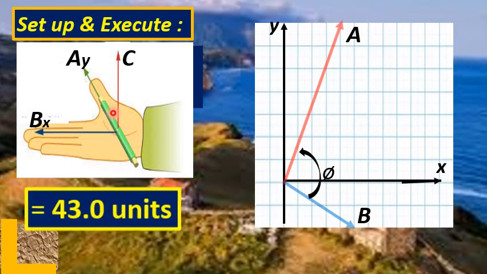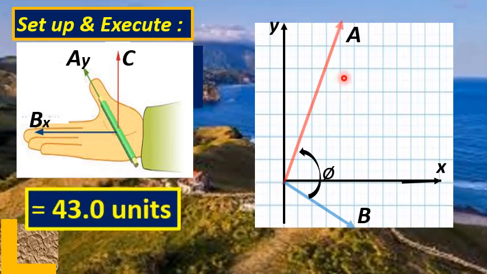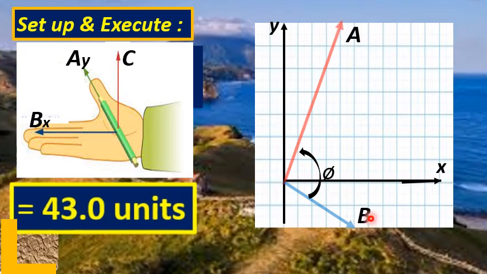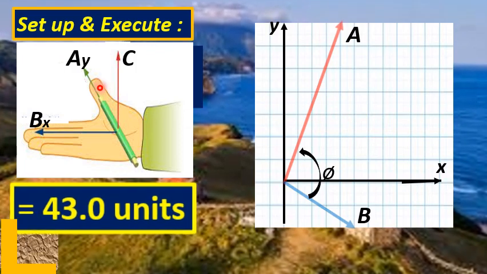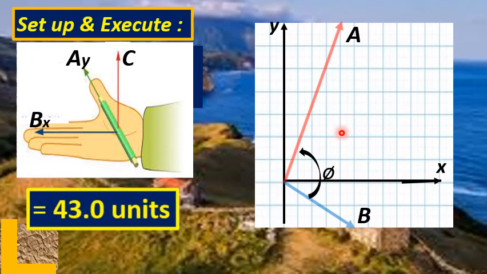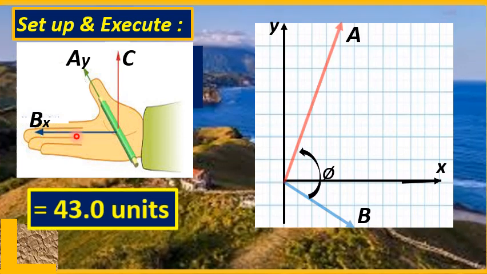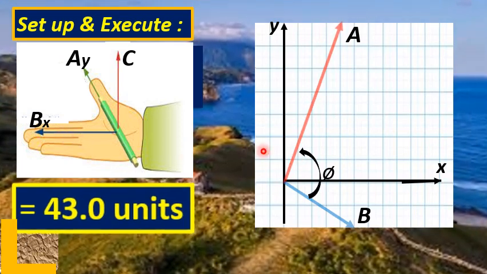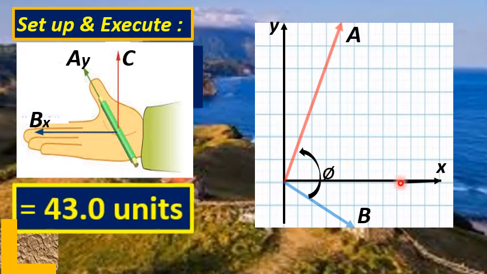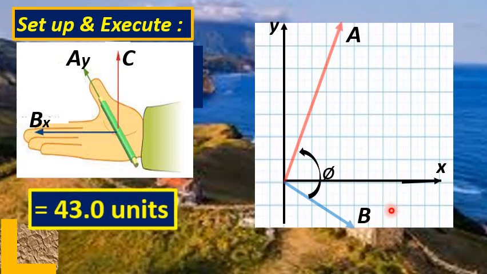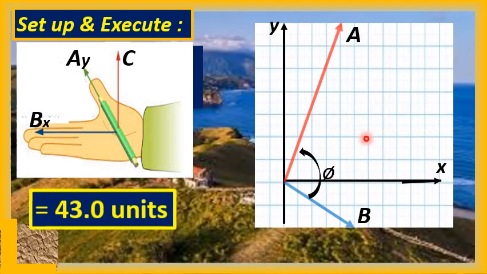So the thumb, when we follow the direction of vectors A and B in our diagram here, representing A sub y, must be directed in the positive y-axis, while the other four fingers of your right hand should be pointing towards the positive x-axis because that is the direction of the x component of vector B.